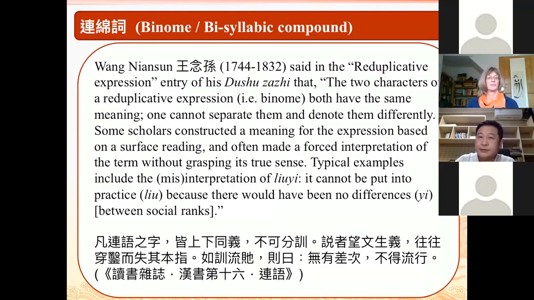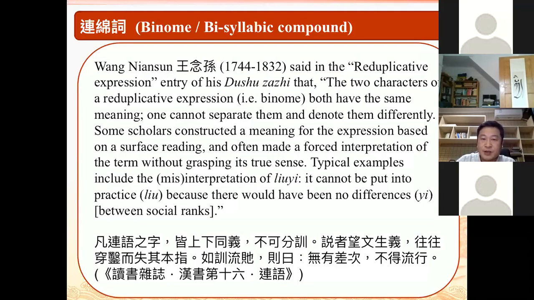According to early 19th century scholar Wang Yansun, he defined this phenomenon as reduplicative in his book 读书杂志, and in the chapter of reduplicative expression, he mentioned that the two characters of reduplicative expression, that is binom, both have the same meaning.